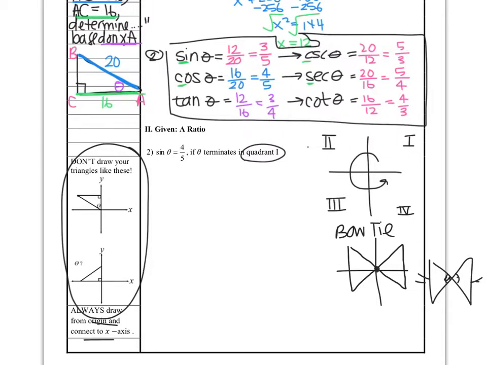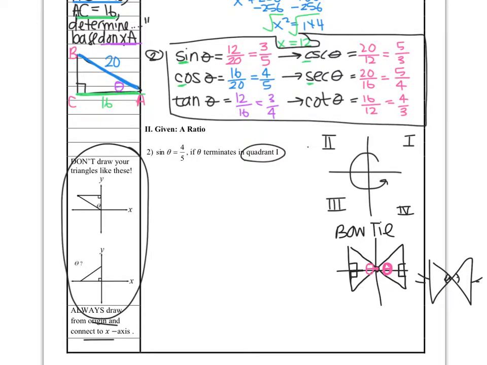So now your triangles will be perfect every time because you know that your right angles are here on the sides where it's the x-axis meeting your opposite side. We always have the thetas at the origin. A trick to remembering that is theta looks like a 0. It's at the origin. Origin is 0, 0.